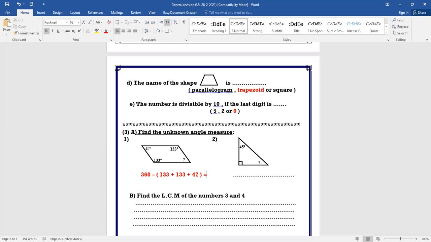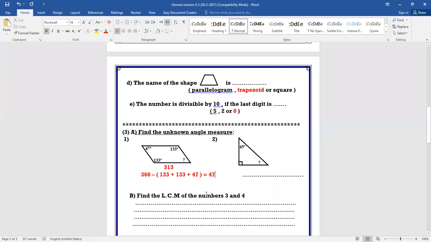We add first: 3 plus 3 equals 6, then 313 as the sum. If we subtract, 360 minus 313, it will be 47.